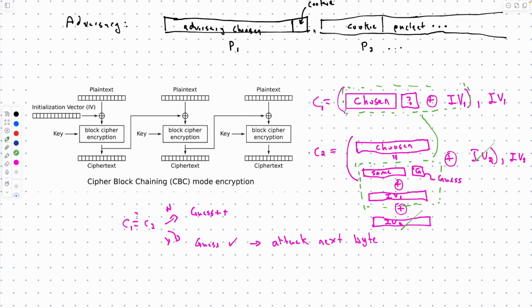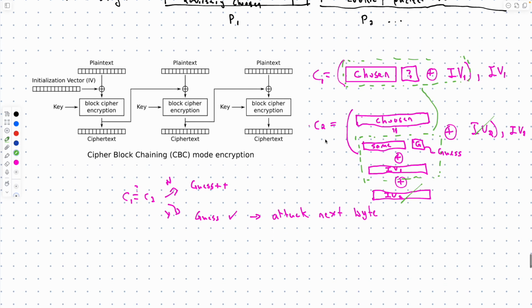So what's the problem here? The problem here actually goes back to the definition of CPA security. If I ask for the encryption of the exact same thing, I get the exact same output. Okay? We don't like that encryption. We don't want the encryption of the same thing to result in the same ciphertext.